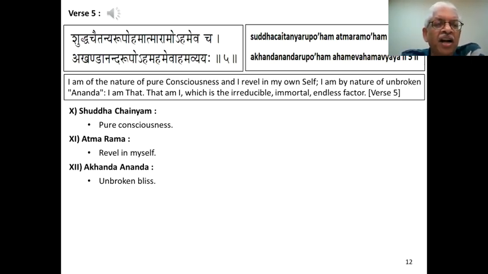The opposite of Akhanda Ananda, here refers to the happiness of Atma, which is an intrinsic nature, compared to the happiness which we enjoy temporarily in the Vishaya Sukham. That means in objects and beings, the happiness which I enjoy is a temporary happiness. It is a happiness in different grades.